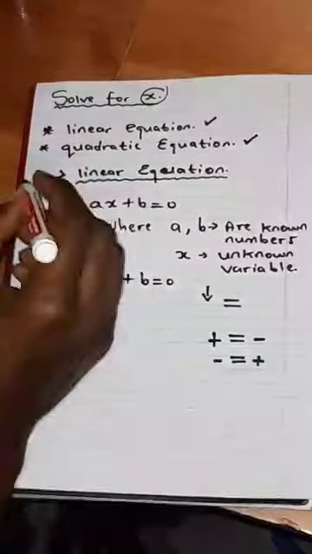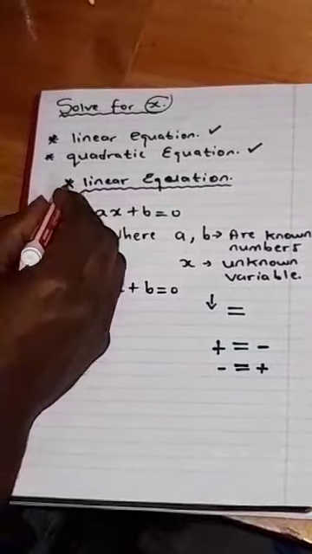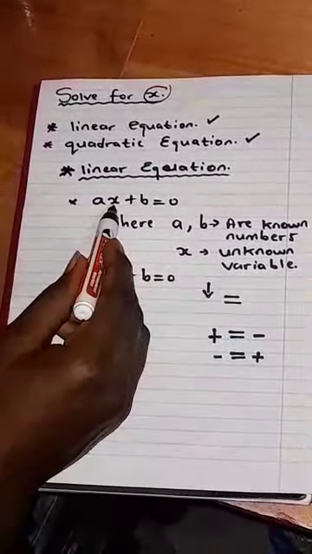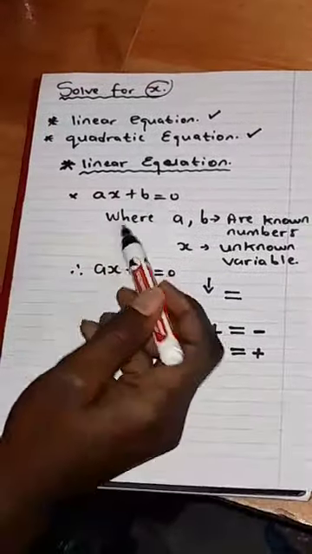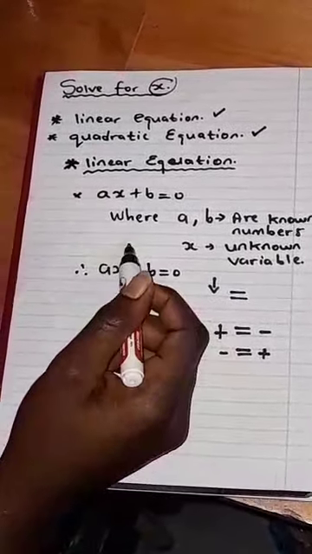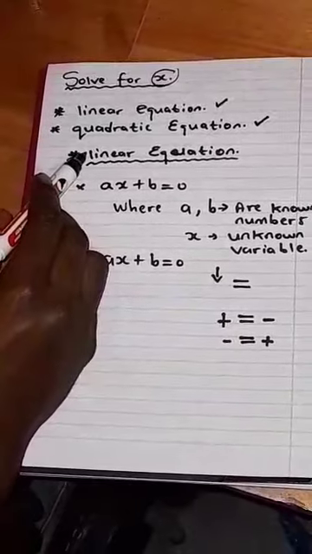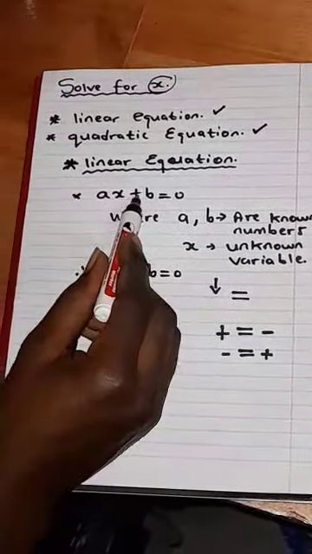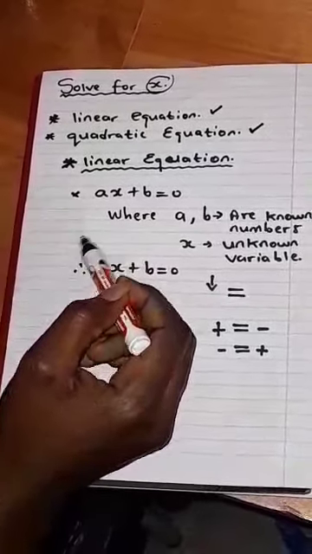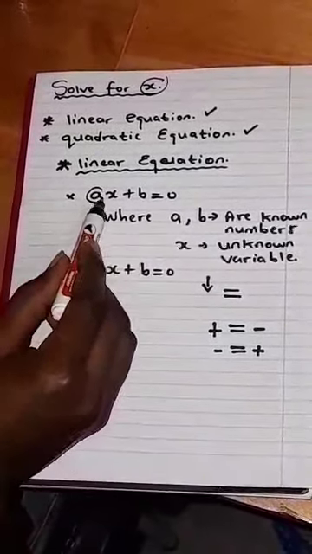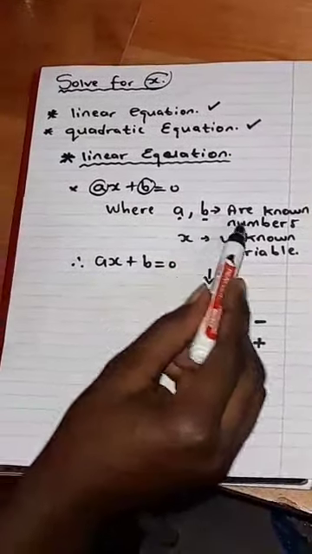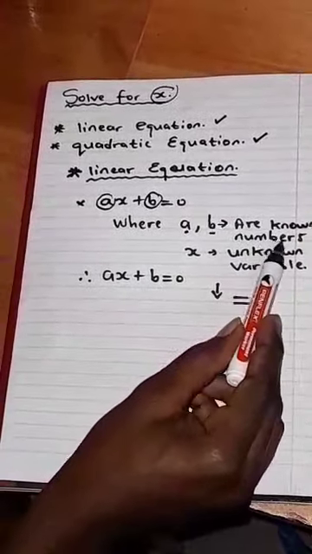So first we'll be doing a linear equation, which is ax plus b is equal to 0. When you solve for x using a linear equation, your linear equation must be in the form of ax plus b is equal to 0, where a and b are known numbers.